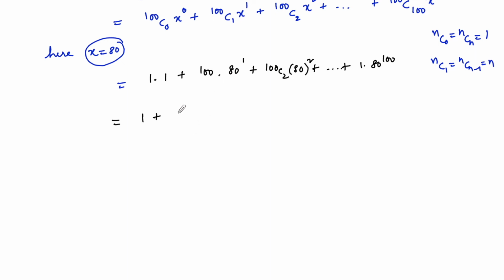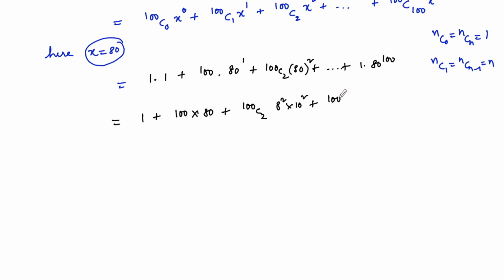000. So we can write it as, let me take 100 common, and here 100C2 and 80 square we can write as 8 square into 10 square, plus and so on.